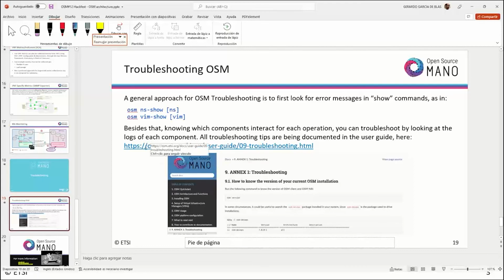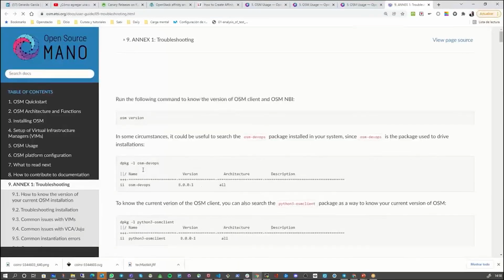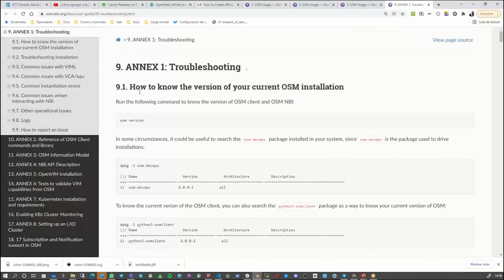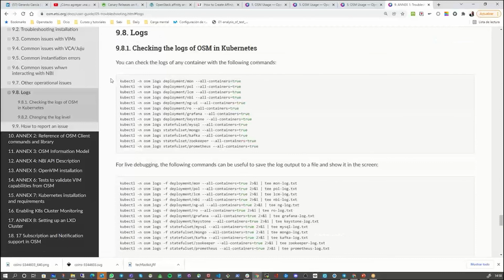But in general, whenever you are doing something, an instantiation typically, or something that requires more troubleshooting, it's good that you check the logs. Here in the troubleshooting section you could see some of the common things. Typically you could get the logs of anything by running a kubectl command.